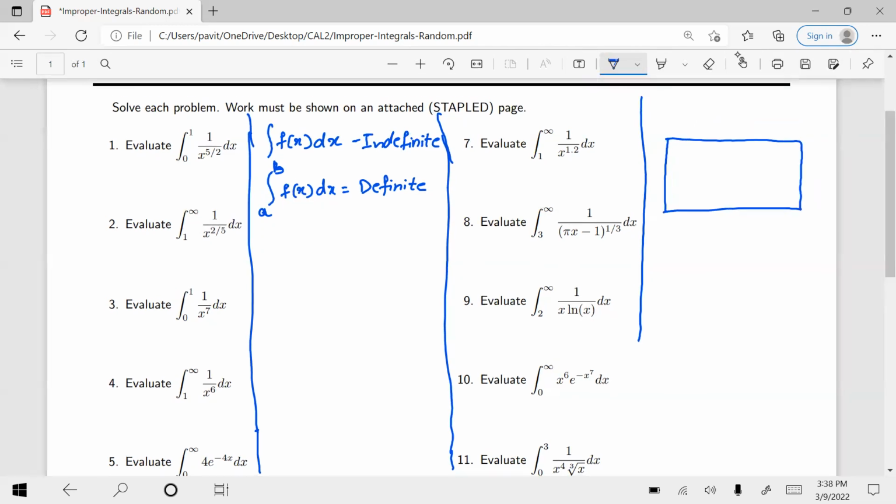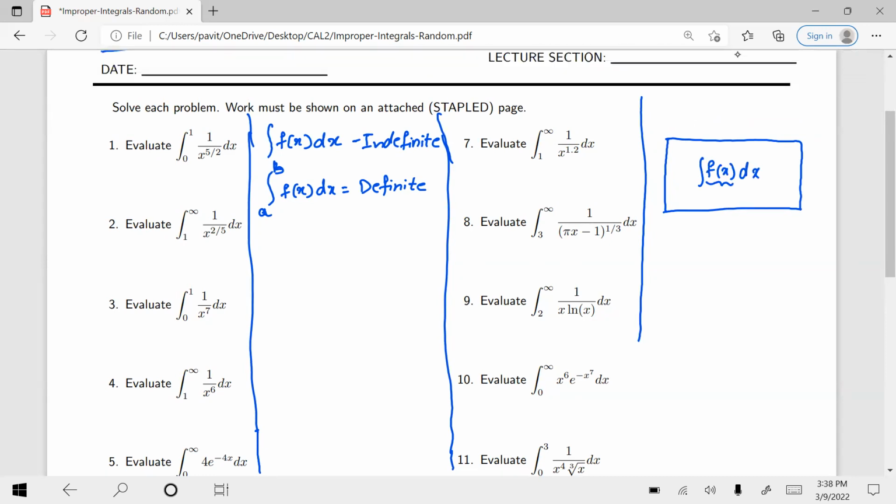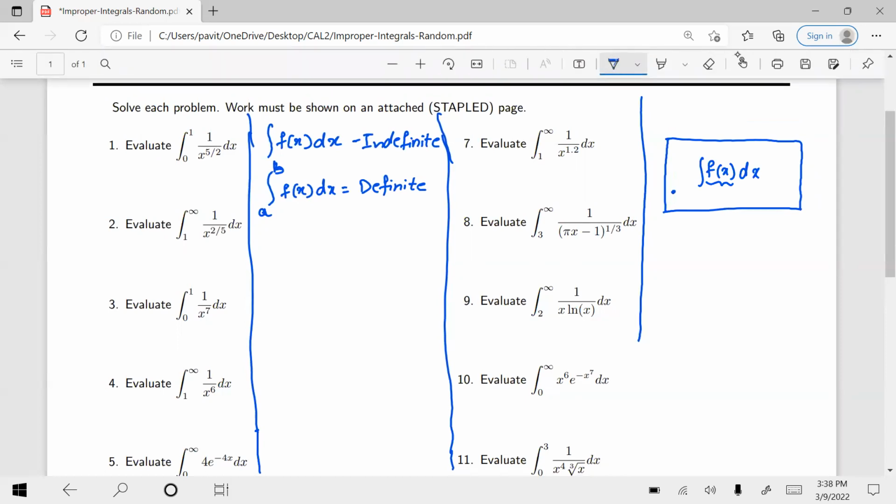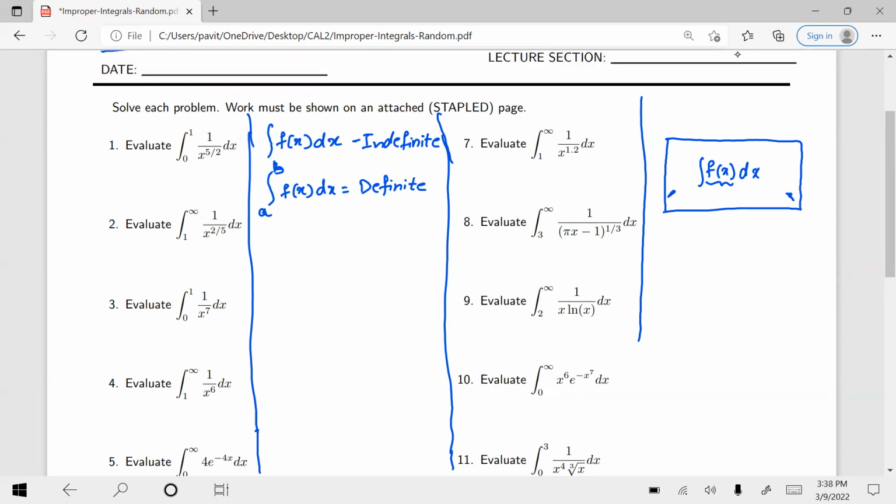Now, when I say the integral of f of x dx, I am going to find the area of this function, but I do not know from where to where. I do not know the start point nor the end point. That is indefinite. So we do not know the exact answer.